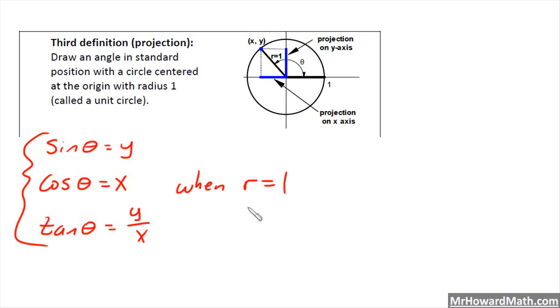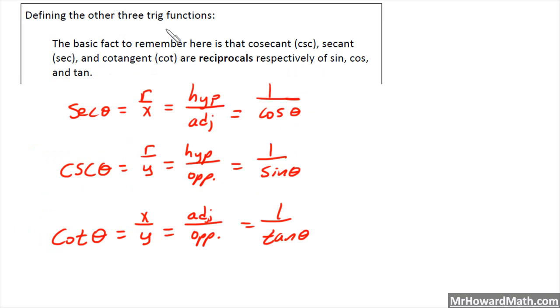So let's look at defining the other three trig functions. The fact to remember is that cosecant, secant, and cotangent are just reciprocals of the other primary trig functions. So secant theta is the reciprocal of cosine theta, 1 over cosine theta.